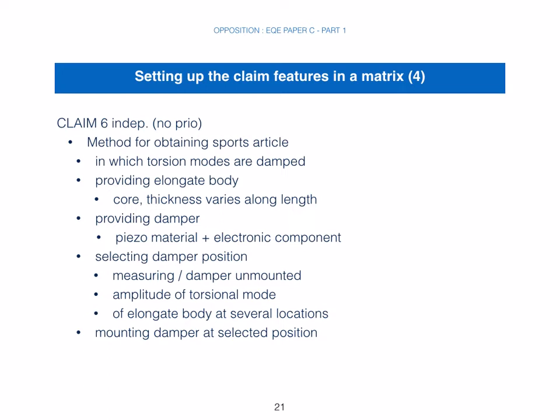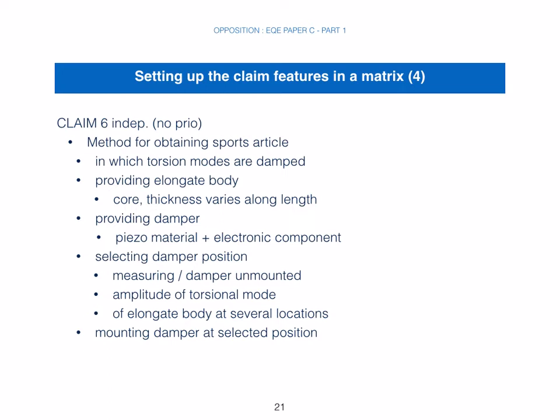The next step is selecting the damper position, and this is done by measuring with the damper unmounted the amplitude of torsional mode of the elongate body at several locations, and then the last step is mounting the damper at the selected position.